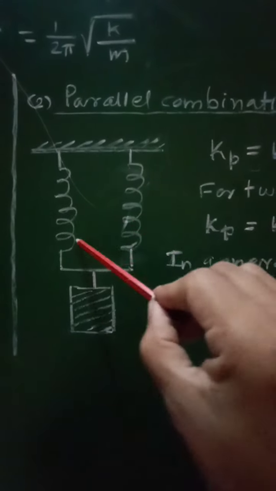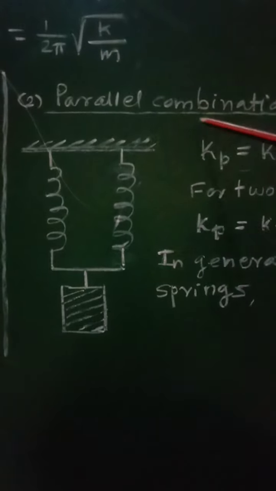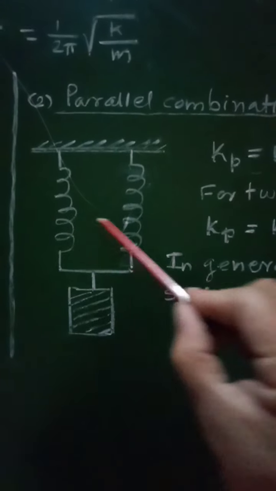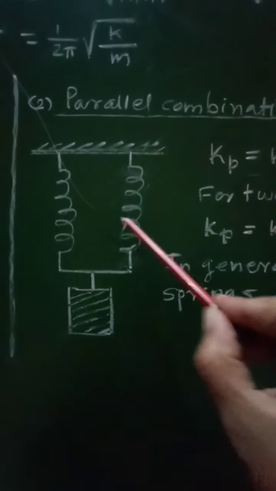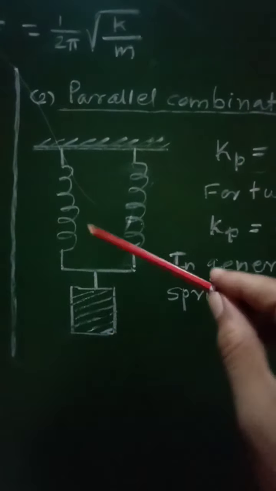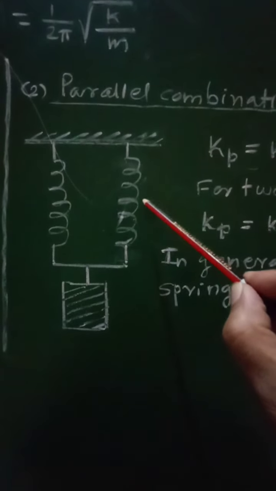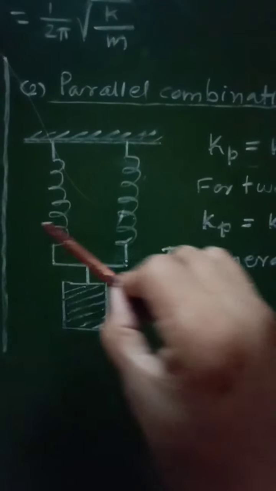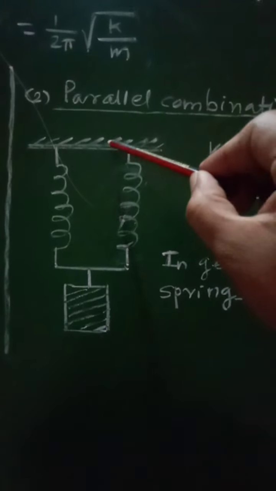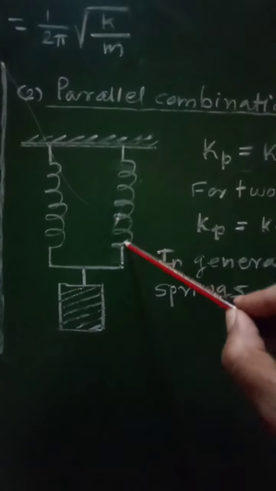Here for simplicity again we have considered only two springs having force constants K1 and K2. If more springs are taken, one end of all is connected to the rigid support and the other end to the mass.